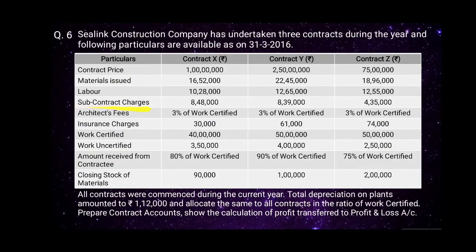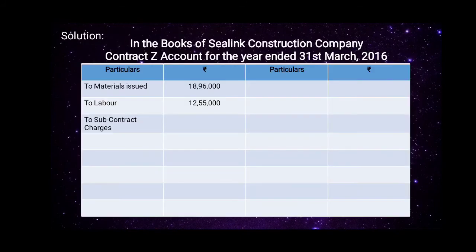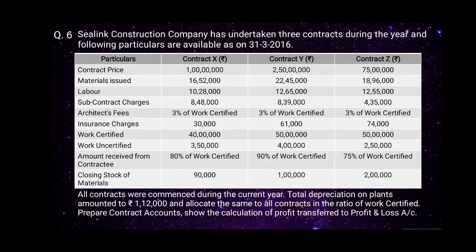Next is subcontract charges. For contract Z, amount is given as 4,35,000. So we'll record it on the debit side to subcontract charges, amount is 4,35,000. Next, architect's fees. For contract Z, it is 3% of work certified. Work certified amount for contract Z is given as 50 lakhs.